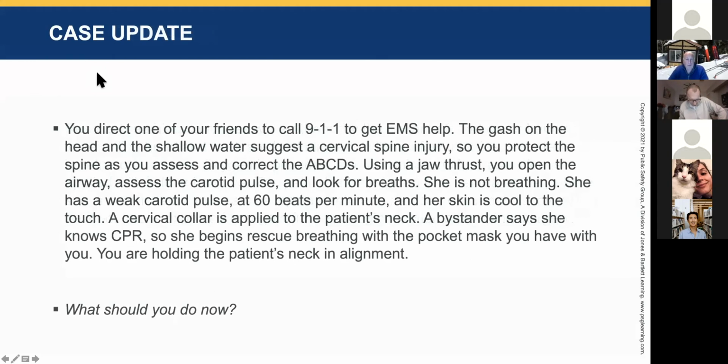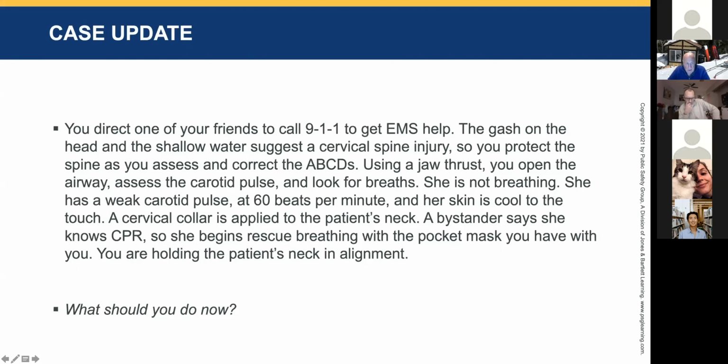Okay. Here is what they suggested in the book. You direct one of your friends to call 911 to get EMS help. The gash on the head and the shallow water suggest a cervical spine injury. So you protect the spine as you correct the ABCDs. Using a jaw thrust, you open the airway, assess the carotid pulse, and look for breaths.